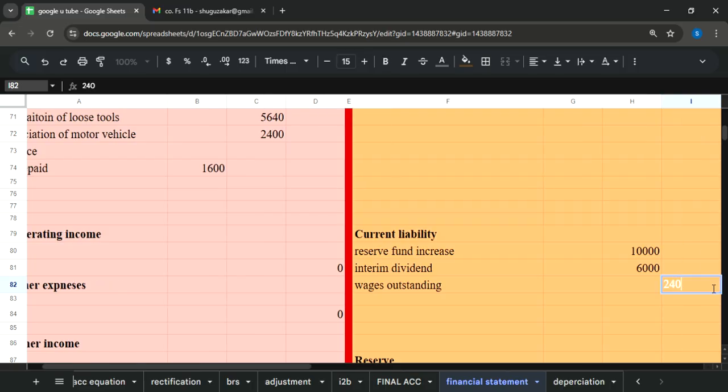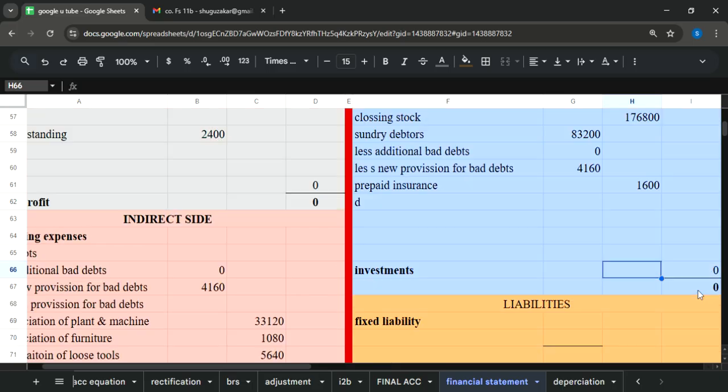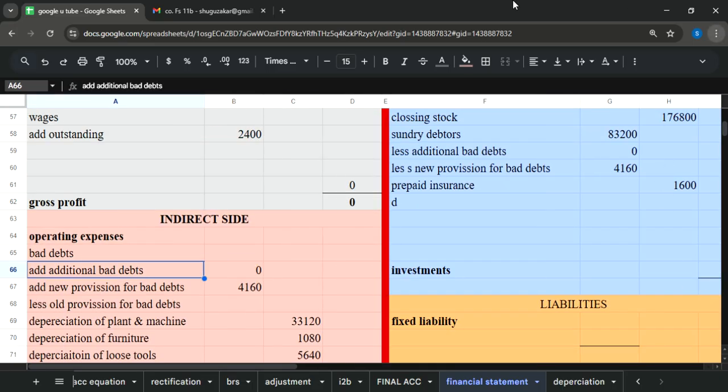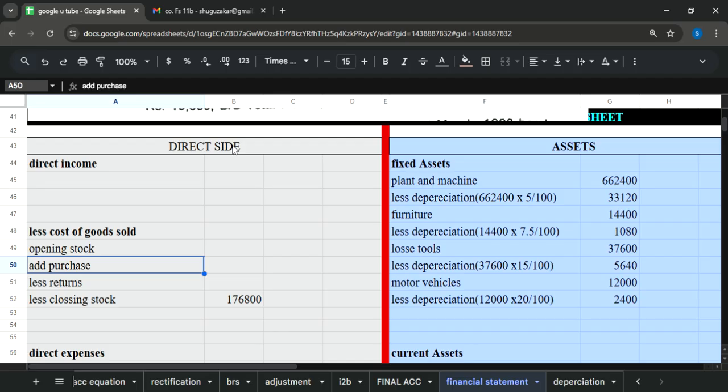So guys, you have seen wages outstanding in the current liability side, and wages outstanding were added in the direct expense side as well. The first part, dual effects, completed.